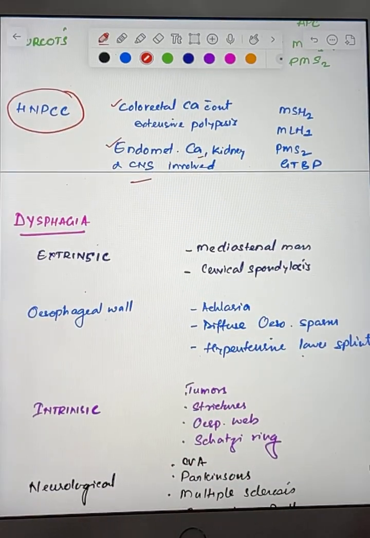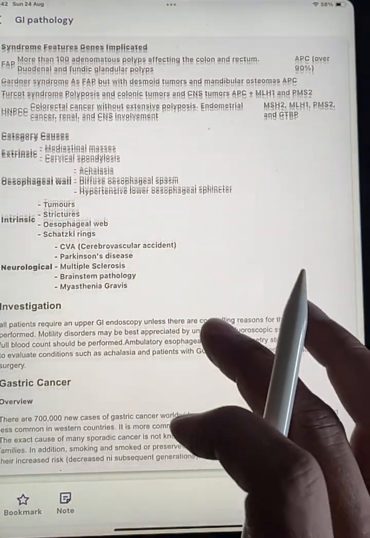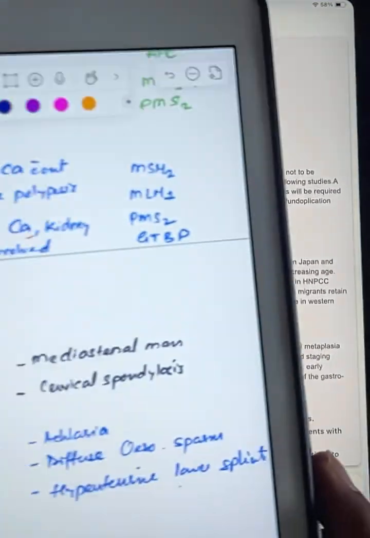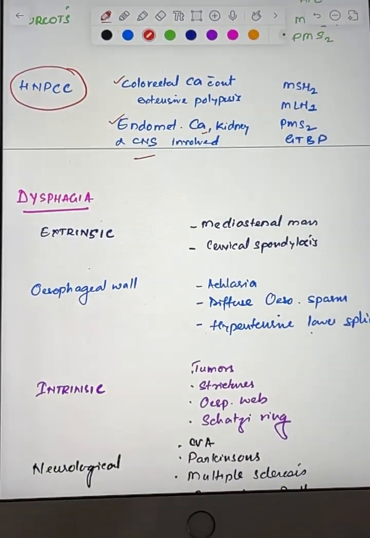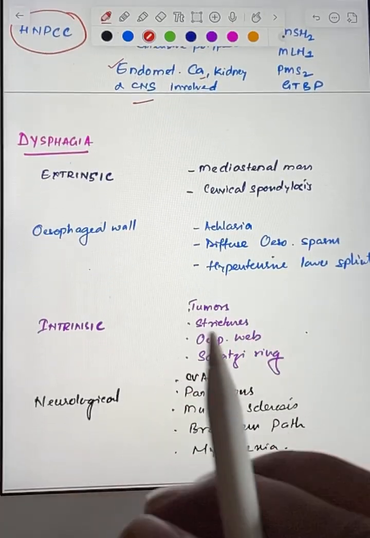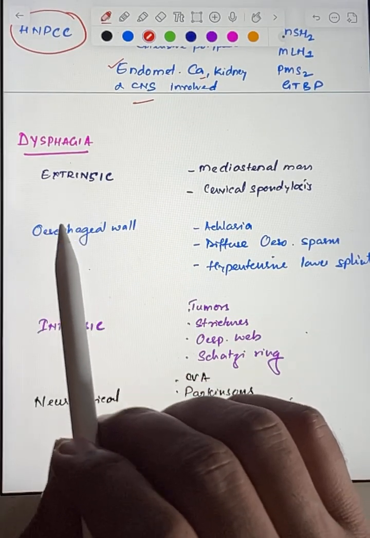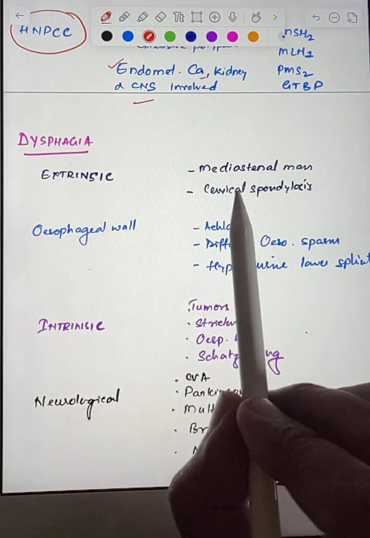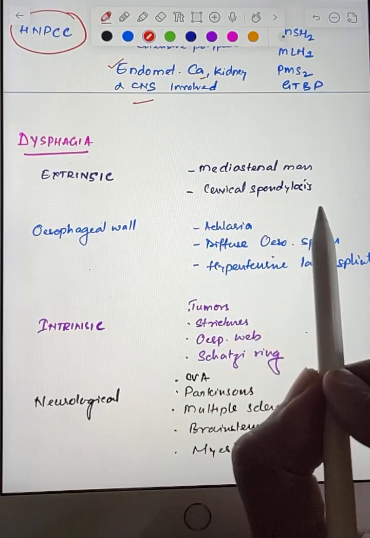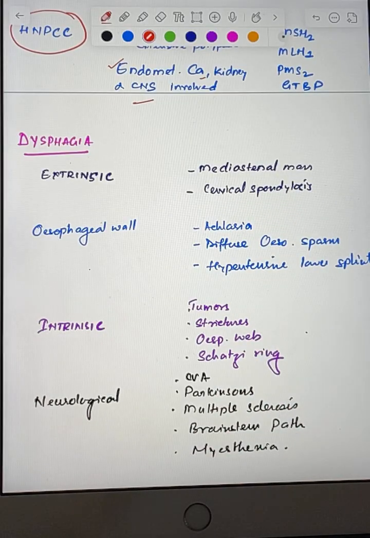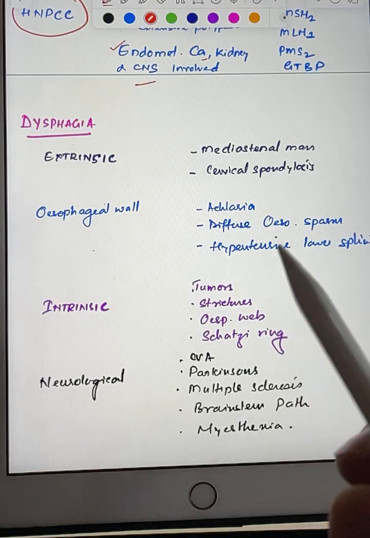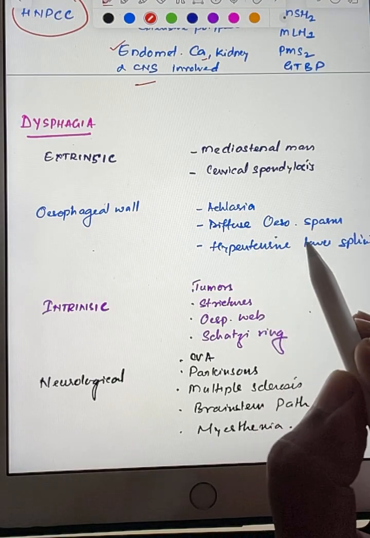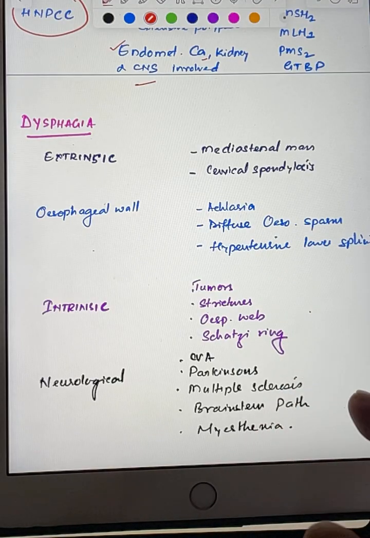Now the symptoms related to GI malignancies. Esophagus: dysphagia is caused by extrinsic factors like mediastinal mass and cervical spondylosis. If there is a problem in the wall of the esophagus: achalasia cardia, diffuse esophageal spasm, hypertensive lower sphincter.